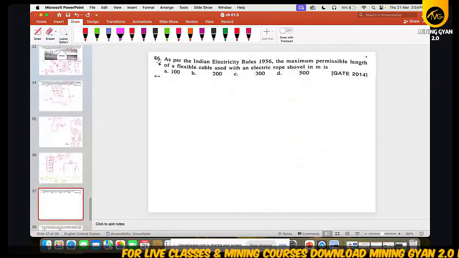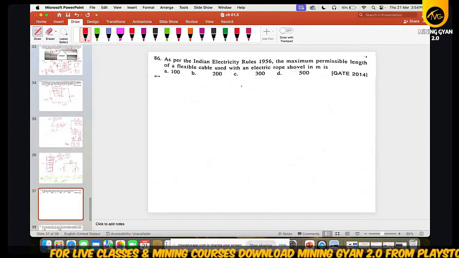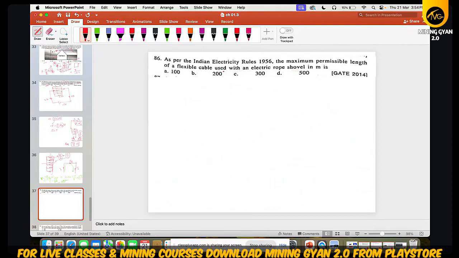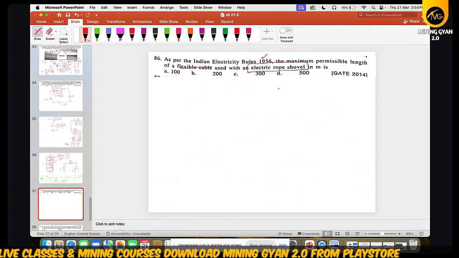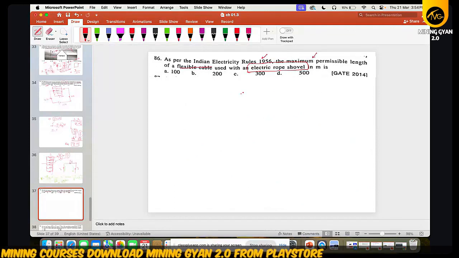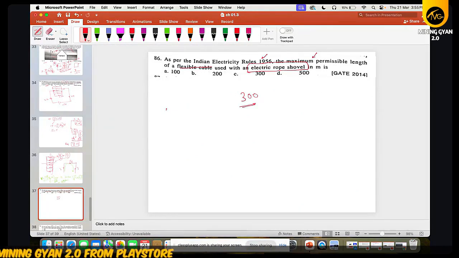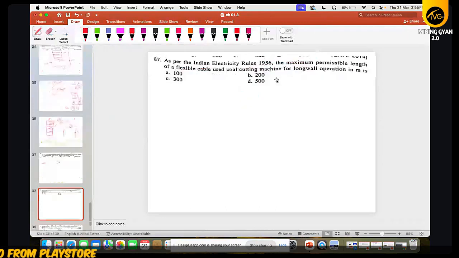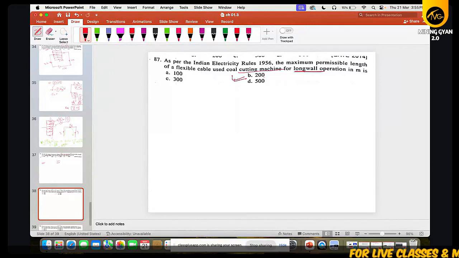ये बेसिक थिंग है ना. 3 चीज याद रखना आप. First thing, flexible cable rope, according to the electrical rule, maximum permissible length in the electrical shovel it is 300. And for the long wall machines, cutting machine, for the long wall machine it will be 200.